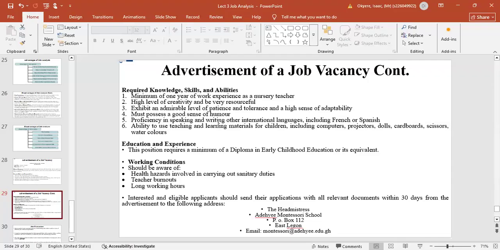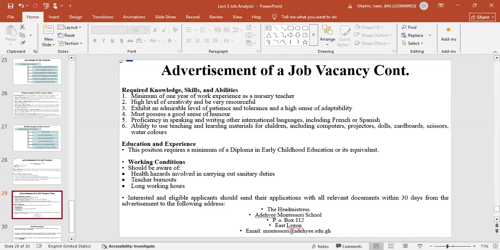One, you should have at least 1 year of job experience. Two, you should have creativity. Three, you should possess a good sense of humor. So these are your job specifications.